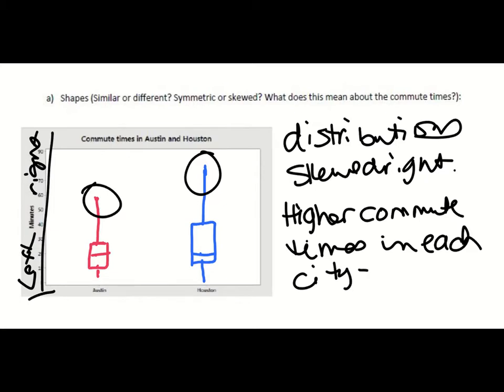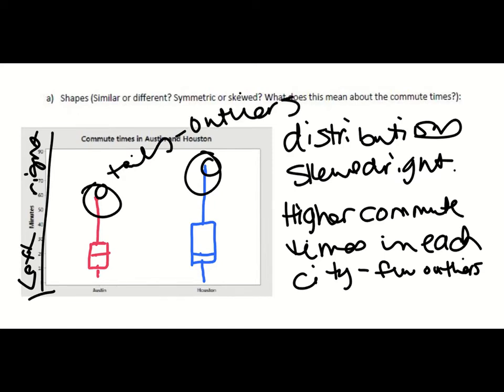Okay, so you have a few outliers, which basically gives you kind of like your tails or your outliers. So that's kind of what pulls that tail out.